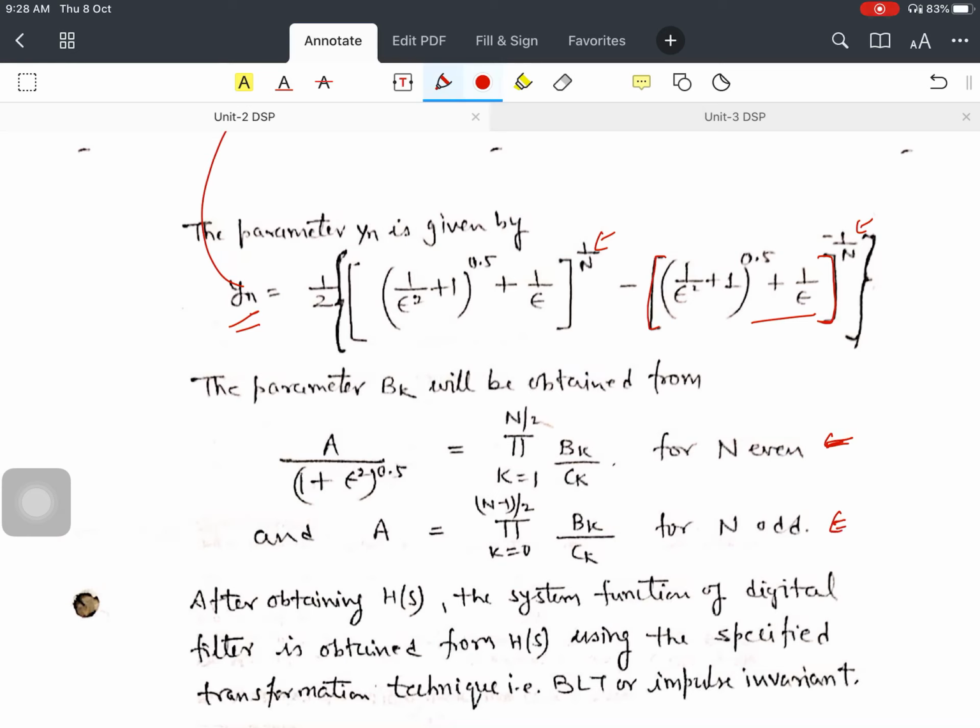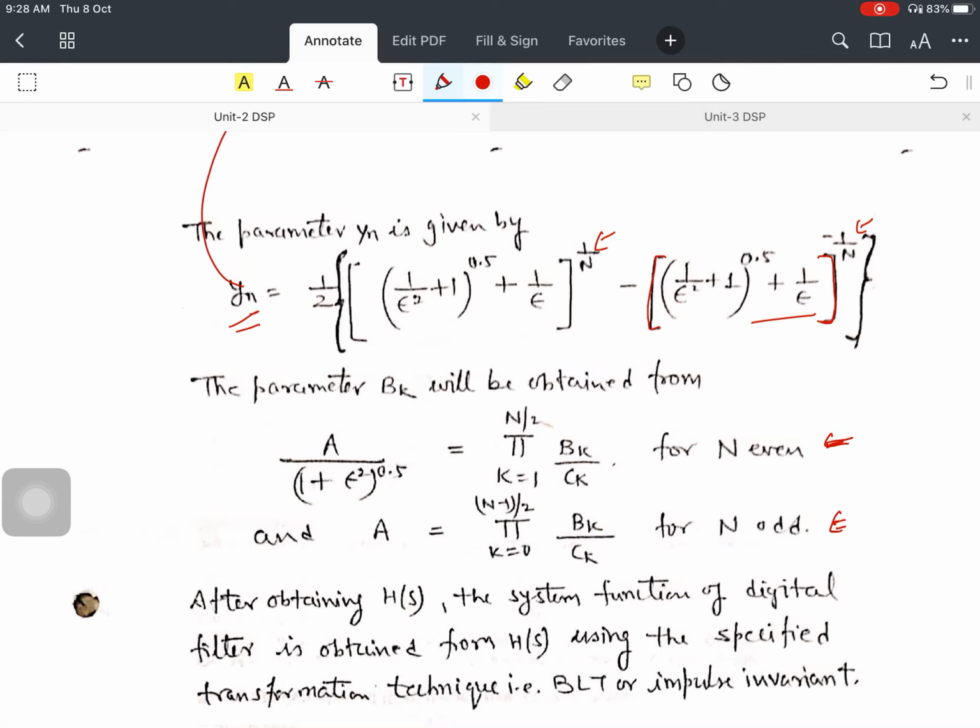When n is odd, A is given by the product for k = 0 to (n−1)/2 of Bk by ck. So when all the parameters, capital Bk, small bk, ck, Ω1, Ω2, Ωc are calculated, we can easily calculate the value of H(s).